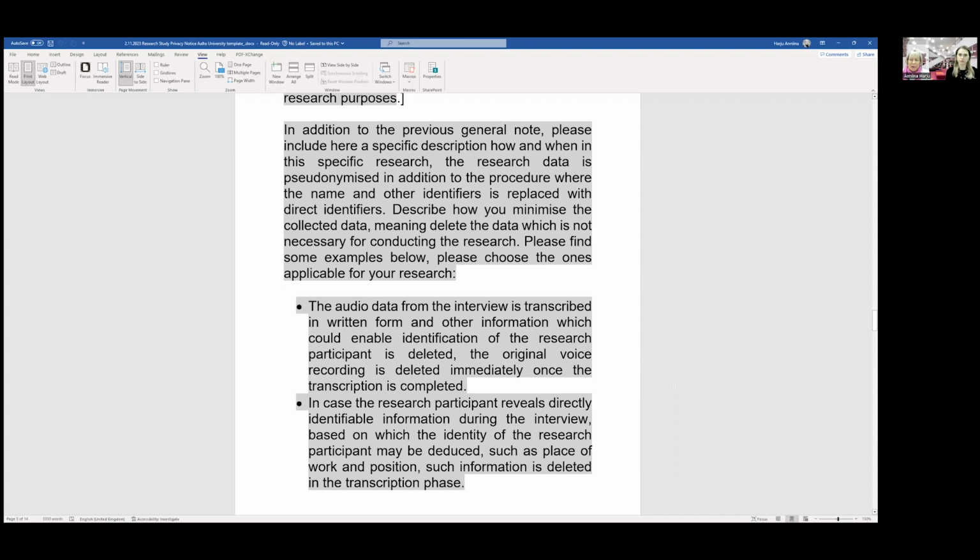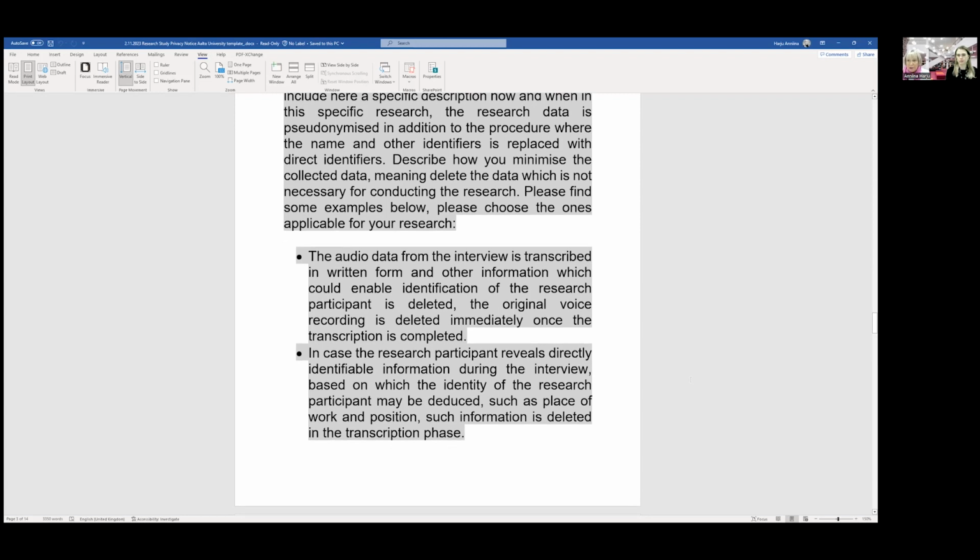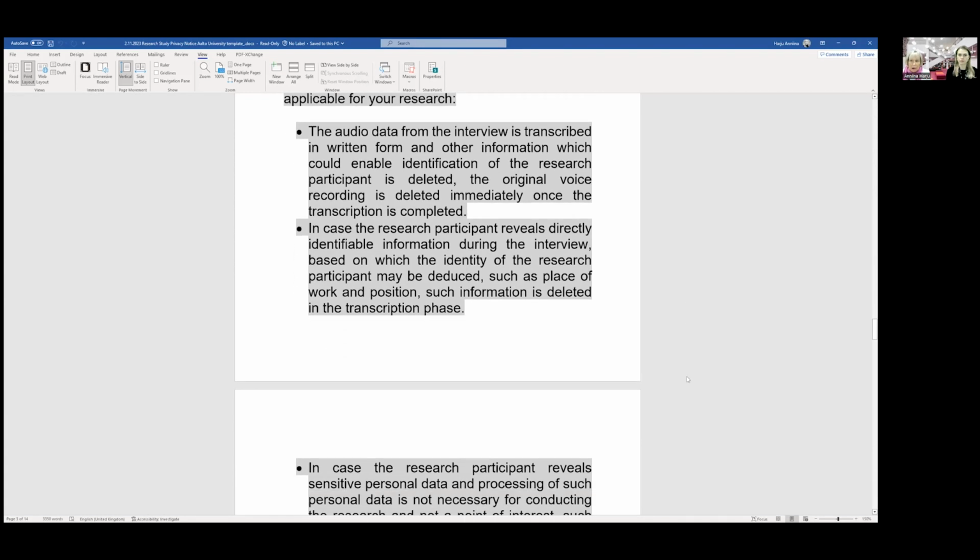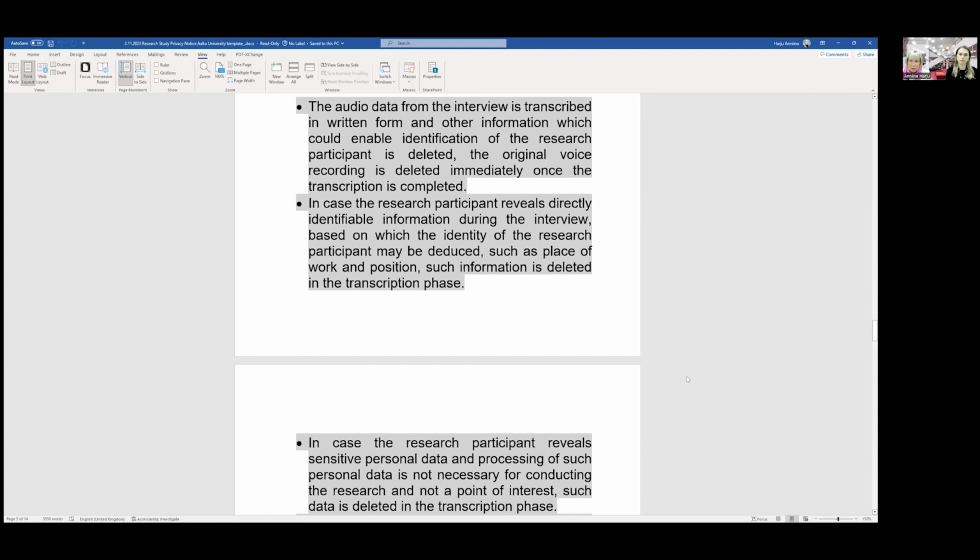So don't remove necessary information, but if there is unnecessary information, then that has to be removed. As a researcher, you are the one who knows what you will be needing for the research. So transparency about what you are actually going to do. And of course, this requires planning the research data management well.